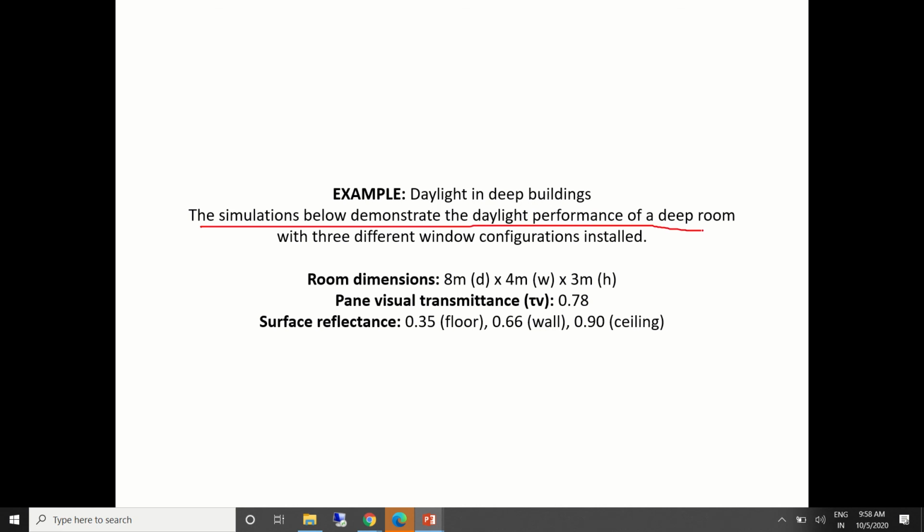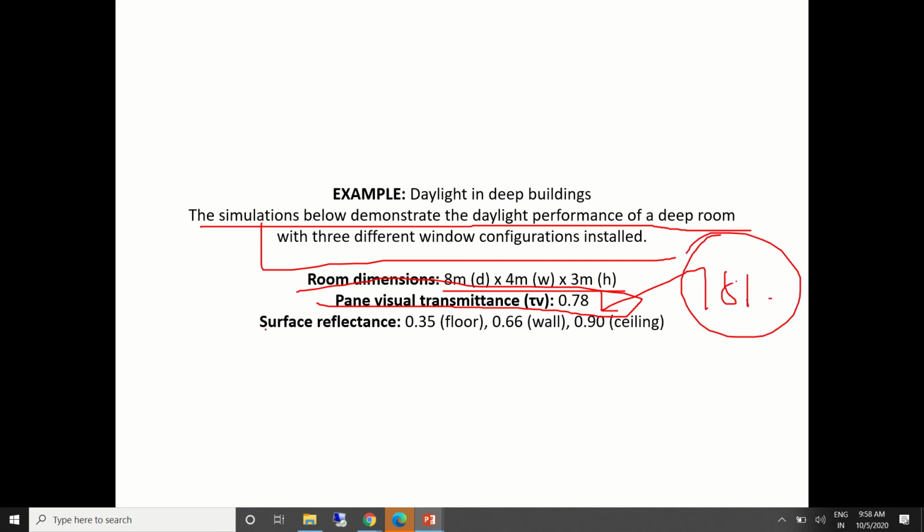A simple solution for a deep room of 8 meters by 4 meters by 3 meter height. Visual transmittance of 78%. That means 78% of the light is let in, and reflectance values are given for floors, walls and roof.